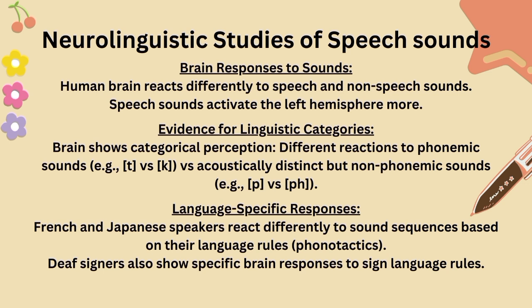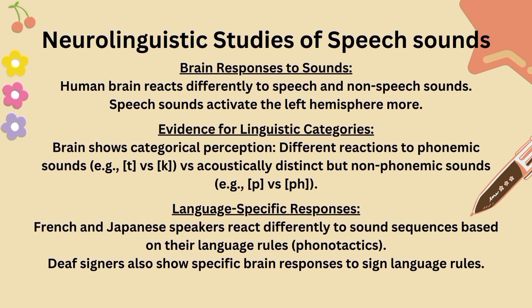For example, French and Japanese speakers react faster to sound sequences that follow their language's rules. Even people who use sign language show similar brain responses when signs match their language rules. Did you get it? So that's the meaning of neurolinguistic studies of speech sounds.